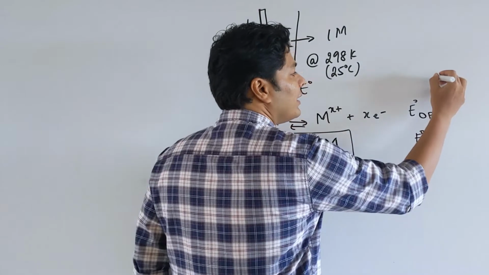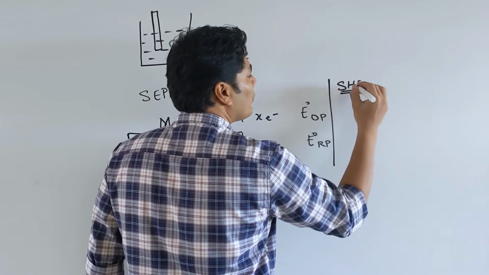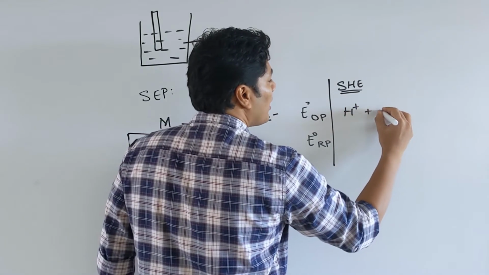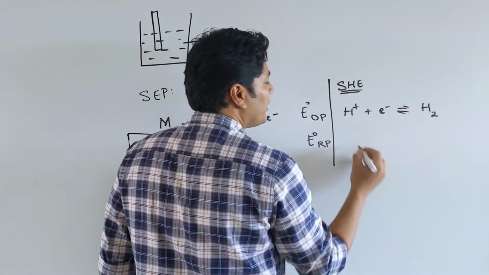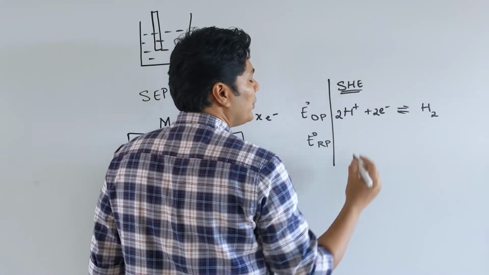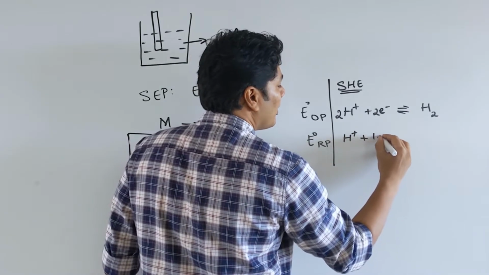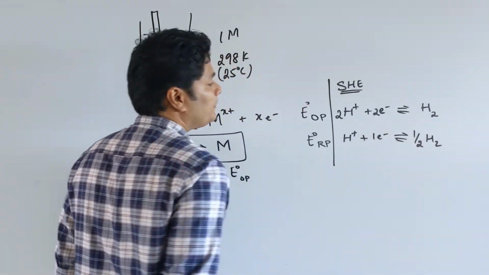The standard hydrogen electrode is a simple setup where you have H+ plus electron gives you H, and I'm going to get 2 here, so I can put a 2 here and a 2 here. Or you can also write H+ plus 1 electron gives you half H2.